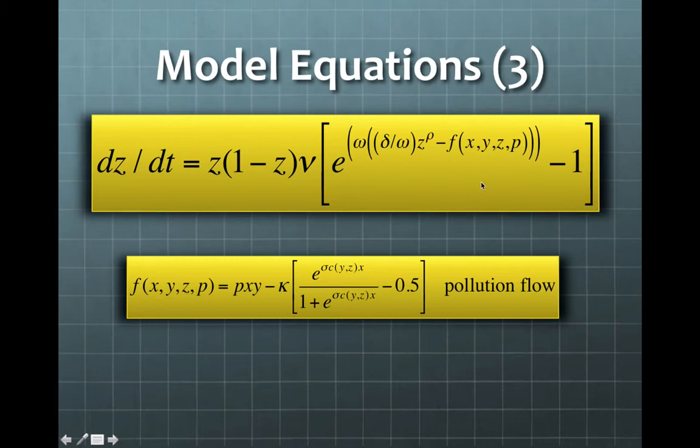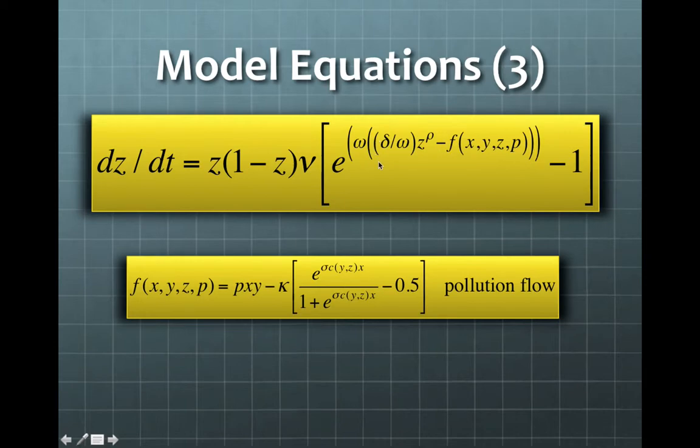multiplied by a pretty convoluted function here that I wanted to go through, but it's the difference of an exponential and 1, so it's always positive in this case. Actually, I shouldn't say that. That's not true.